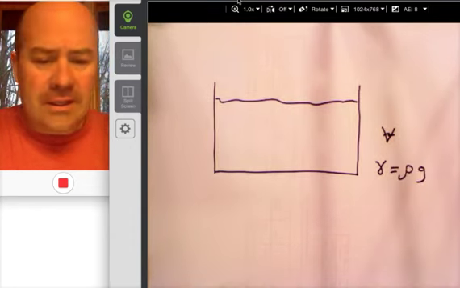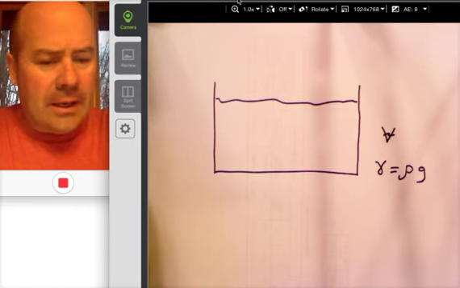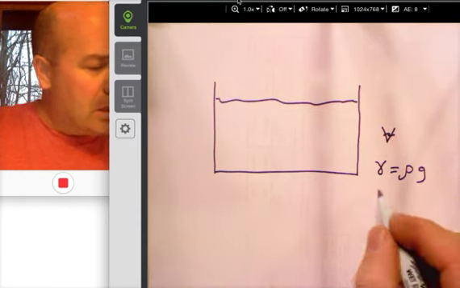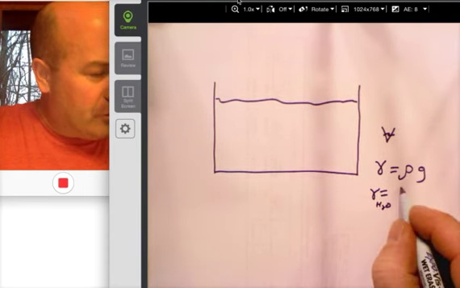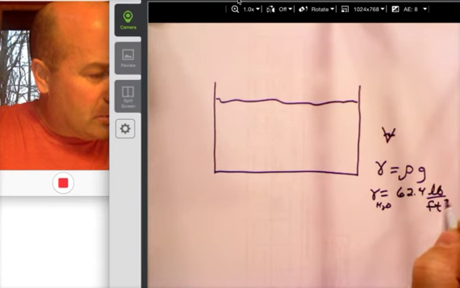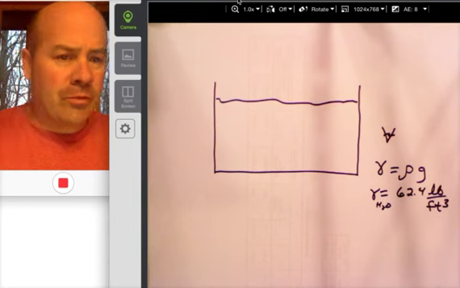It's equal to density times gravity, and the specific weight of water is 62.4 pounds per cubic foot.